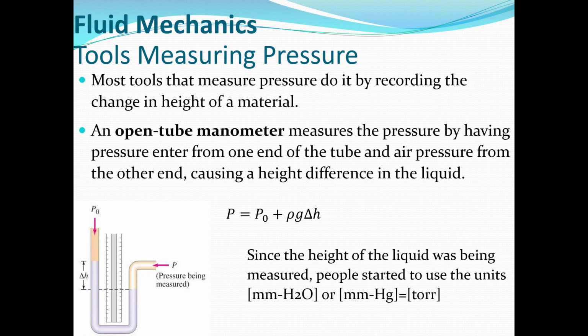So these are some additional units that you'll see, and it comes from some of our more basic ways of measuring pressure. Now, 1 atmosphere is about 760 torr. So that's another conversion that you can note. Again, sometimes the homework questions will have units in torrs.